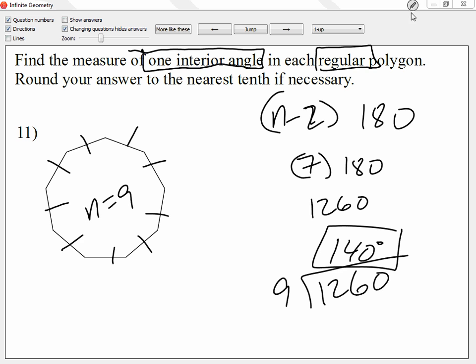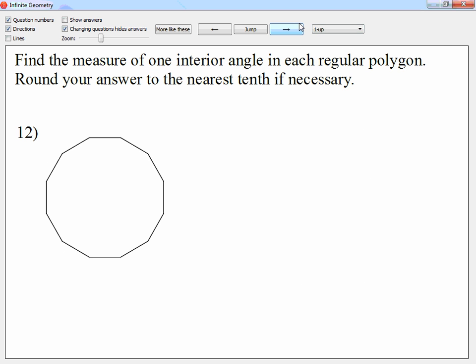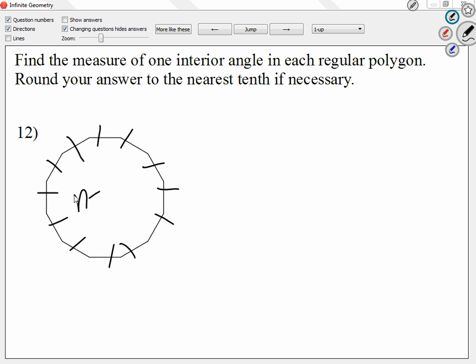Let's take a look at question number 12. I'm going to count how many sides there are. 1, 2, 3, 4, 5, 6, 7, 8, 9, 10, 11, 12. So I know n equals 12. To know how much they all add up to, I'm going to go 10 times 180. Remember the 10 because I went n minus 2.